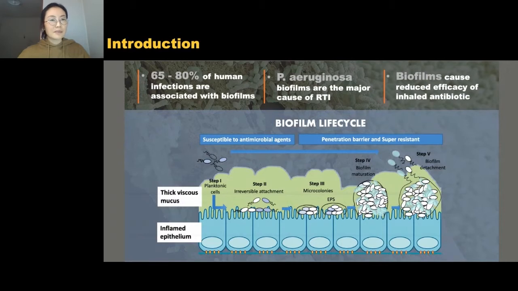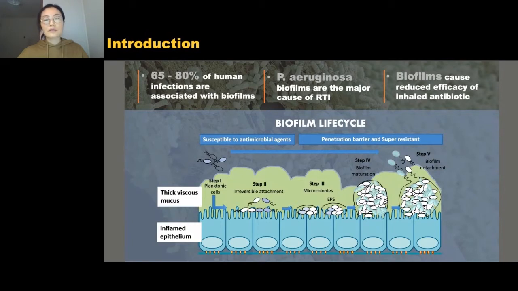Biofilm formation starts with planktonic cells, also known as active cells, finding attachment sites, such as the lung epithelium or mucus layer, to form irreversible attachment. At this stage, they are still susceptible to antimicrobial agents.